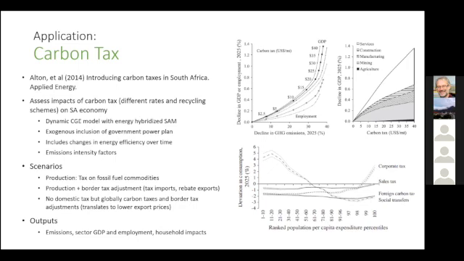The model that was used was a dynamic CG model, which had an energy hybridized SAM, and it also included an exogenous power plan for the electricity sector, as well as changes in energy efficiency over time and emissions intensity factors, which allowed for the calculation of carbon emissions in the model.